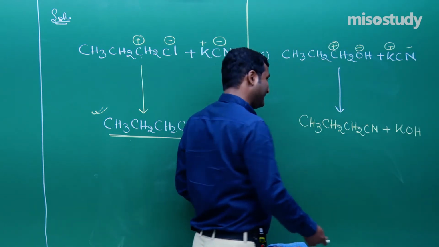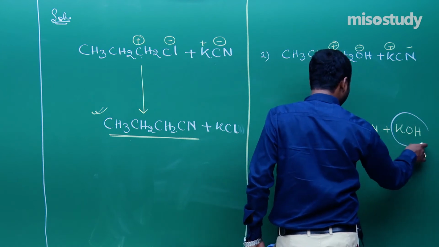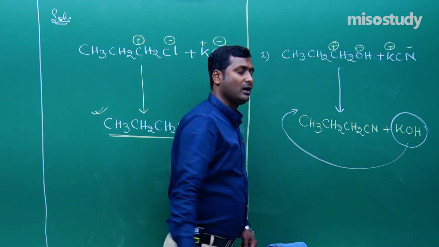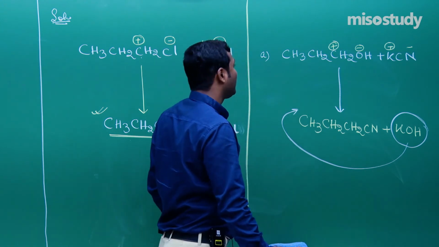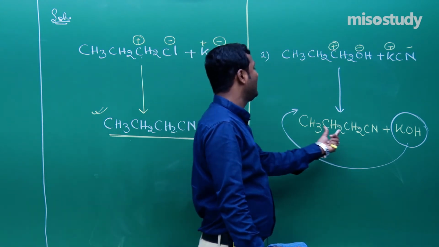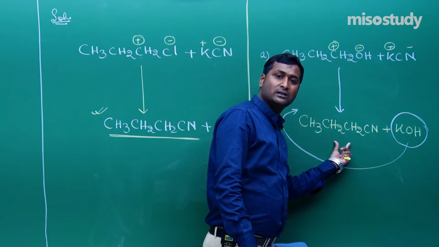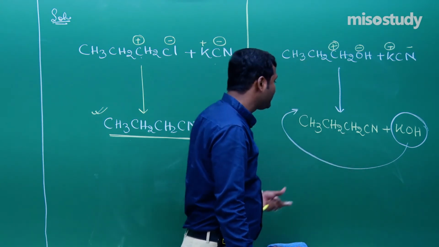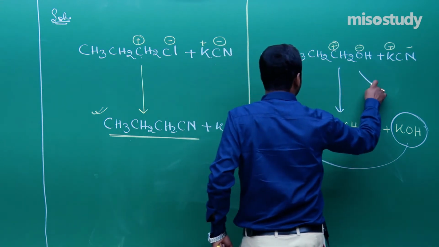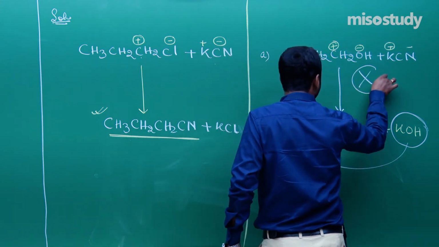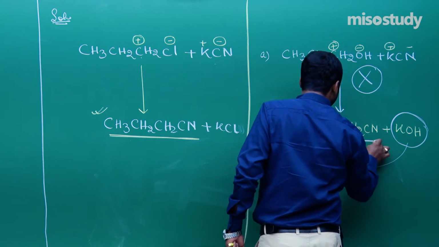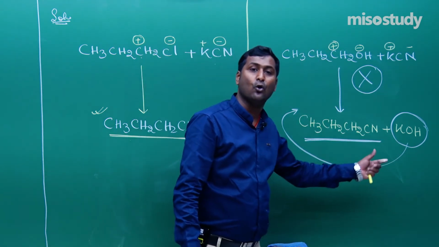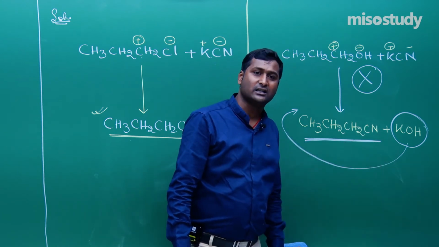The byproduct KOH will again destabilize the product, and the product will not be in a stable state. Due to this reason, this is not a method for the preparation of butanonitrile, because here the byproduct is KOH, which also initiates the reaction.